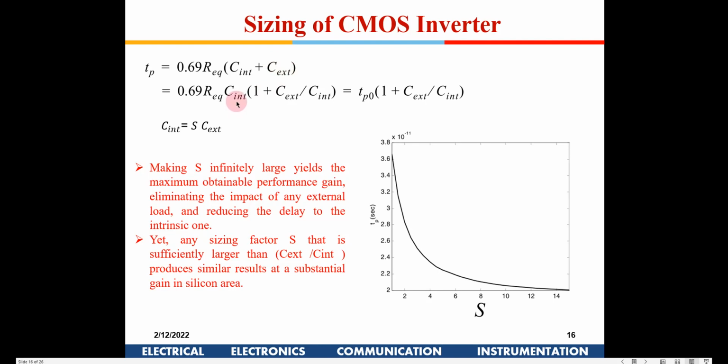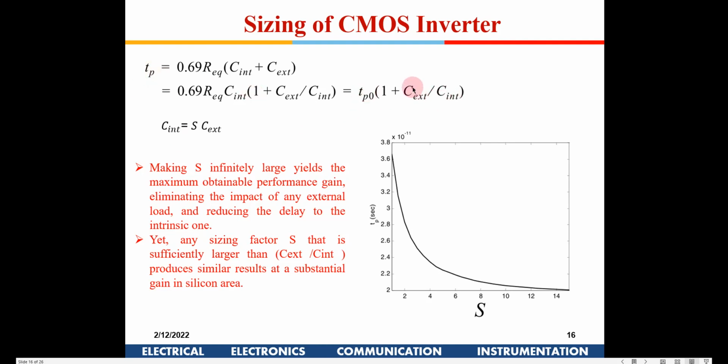I can increase the value of the W of the inverter, right? If I increase the W, then C int will become high as compared to C external. So this term will come to 0 and the delay will keep decreasing and it will reach TPO. But again remember, increasing the size of the inverter, WP and WN, won't change TPO.